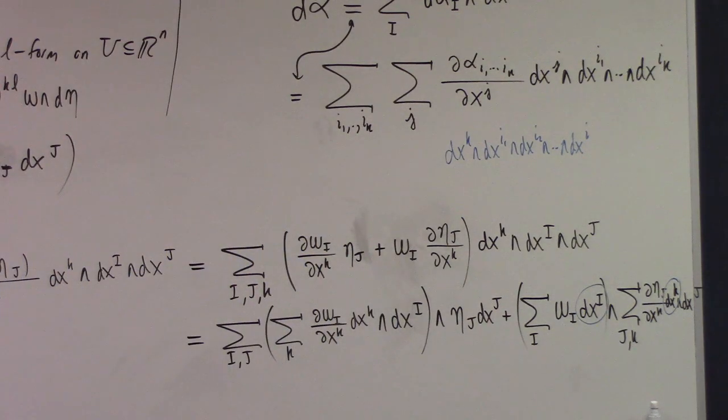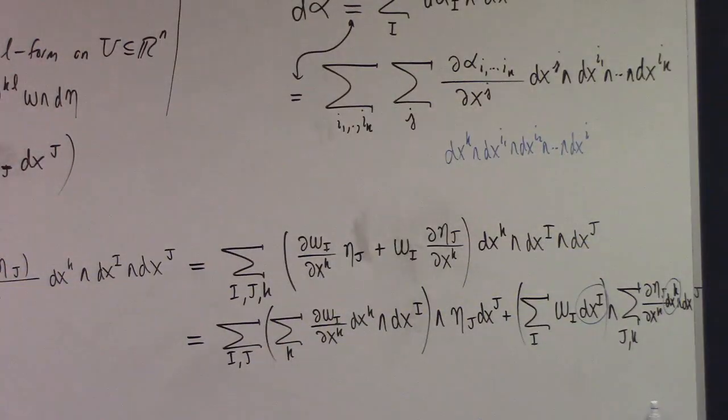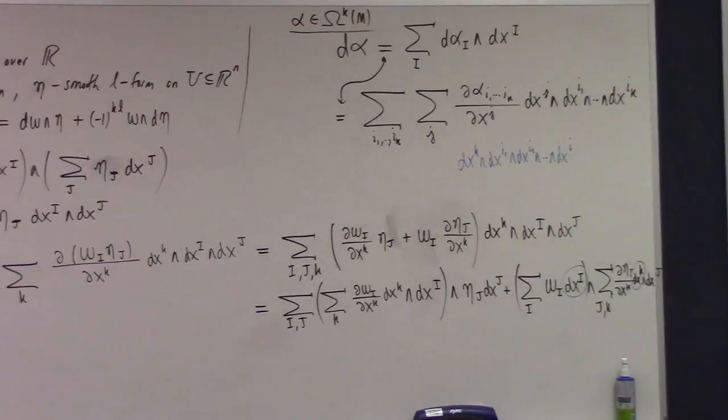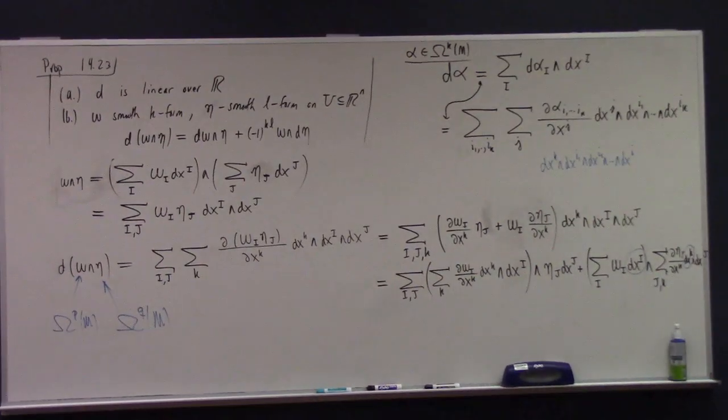Let's make this a P form. Let's make that a Q form. A P form and a Q form, because apparently I'm using K as an index of summation now, and I probably don't want to make that the same letter.